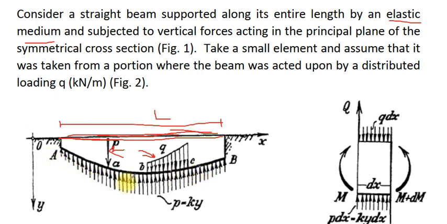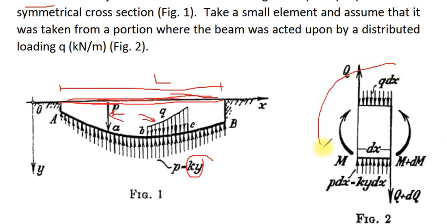The soil pressure can be replaced by K multiplied by Y. Y is the deflection and K is the coefficient of subgrade reaction. Let us take the following element from the elastic beam.